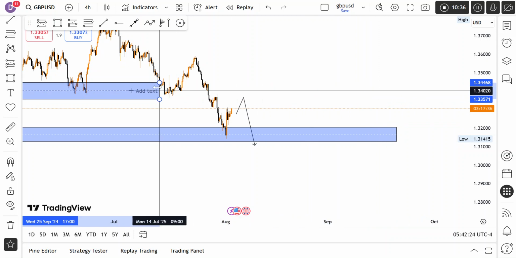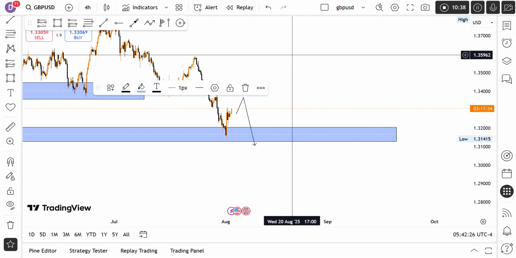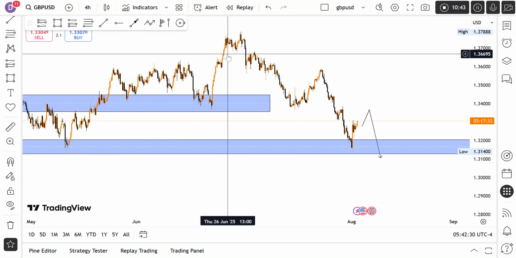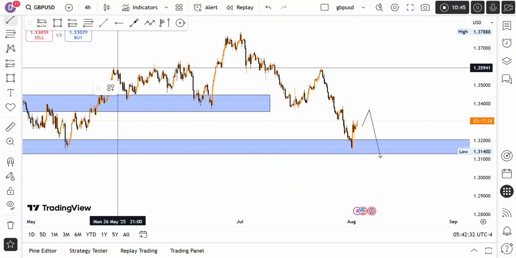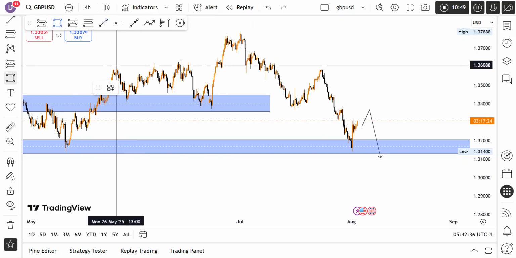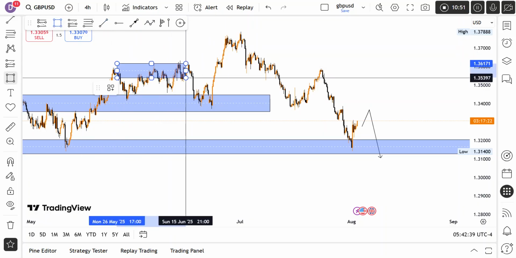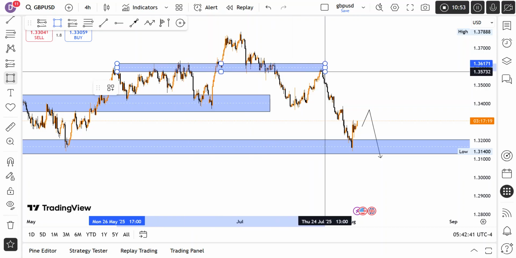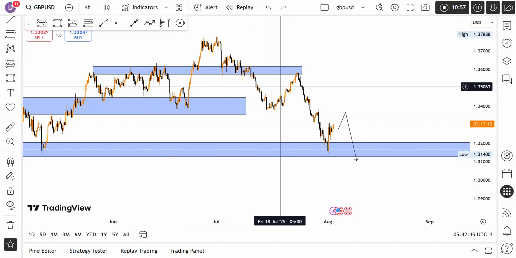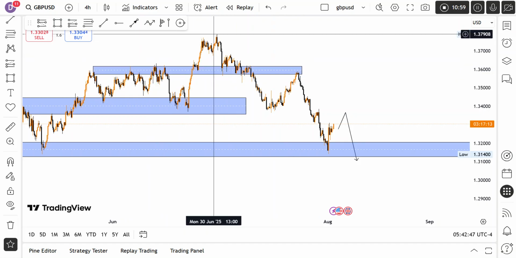We can just simplify by taking it like this. If we see the trend of the market, what happened here? We have a downtrend, we have a break. This was the break, this was the break, this was the break. Below the zone, we can break the high.